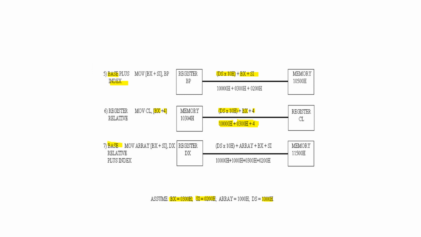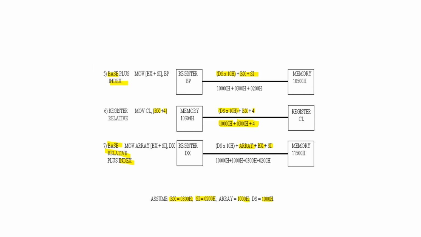Then base relative index addressing. Again a 20-bit address we will be getting. I am using BX and SI: the SI value I already told you is assumed as 0200, and the BX value is assumed as 0300. These two will be added, along with the array value of 1000.